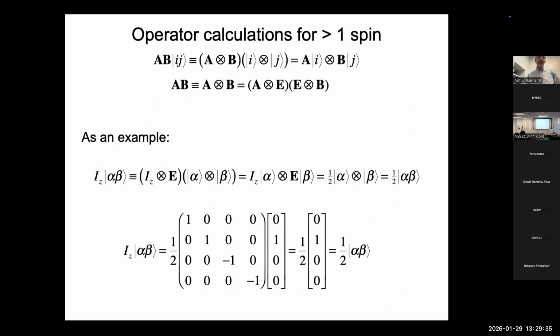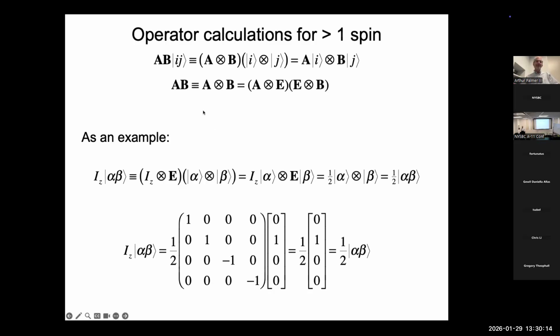So we can build up all these tables, and then we have a rule for how we do the calculations. And the rule is really simple. The operators that have a symbol I act on the part of the wave function that belongs to the I spin, and the part of the operator that has the S part acts on the part of the wave function that came from the S part.